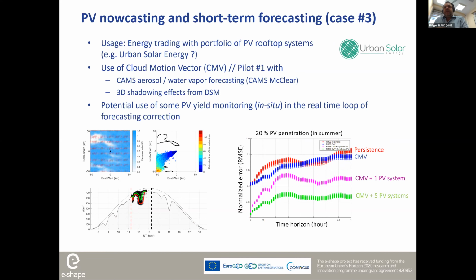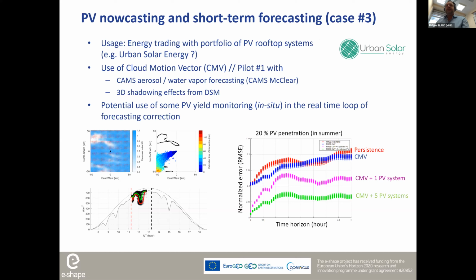And here we are interested in PV nowcasting for an ensemble, a fleet of PV rooftop systems. The users we are targeting are, for example, energy trading, for people who have a portfolio of PV rooftop systems in urban areas. And we have in mind, for example, in France, to contact Urban Solar Energy, which is an electric provider based only on PV at urban scale.